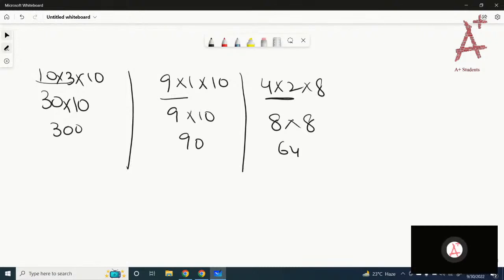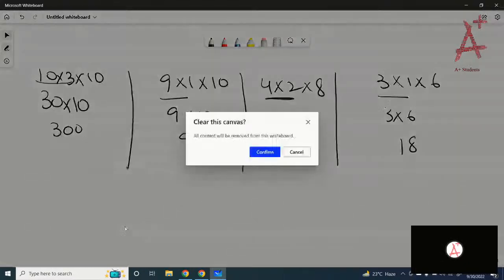Okay, the next one is 3 times 1 times 6. So 3 times 1 is 3, and 3 times 6 is 18. Got it? Select the correct option and click on the OK button.